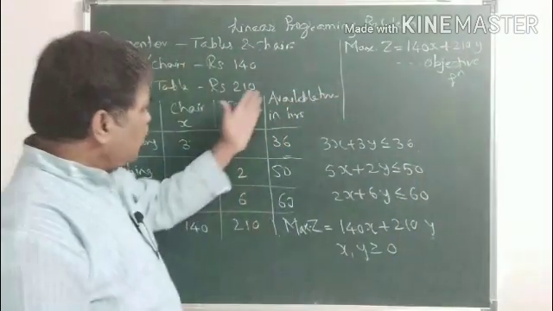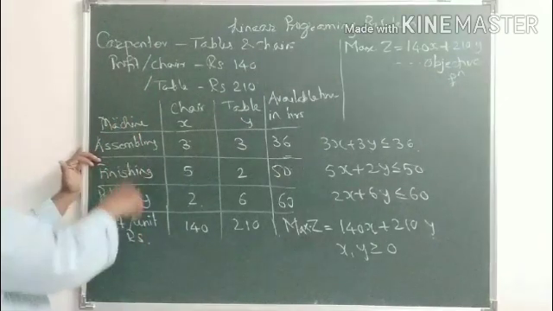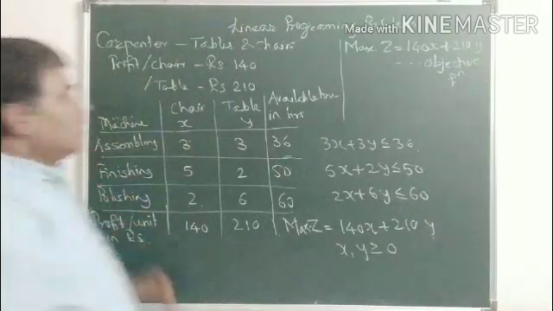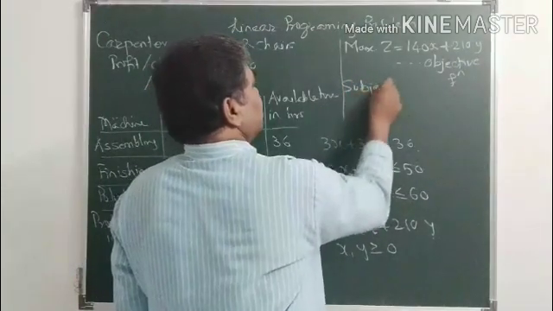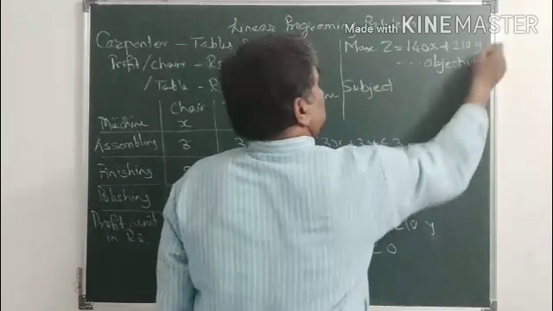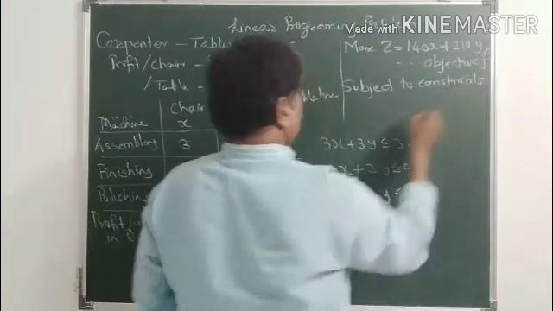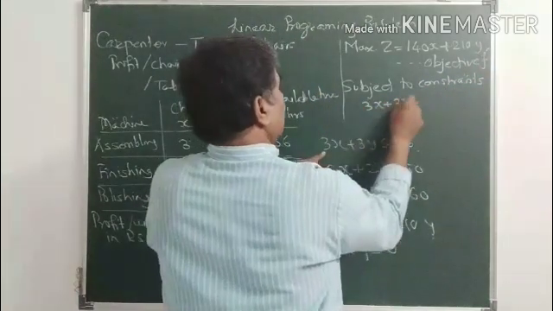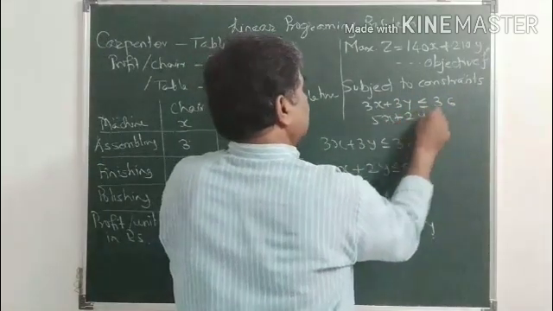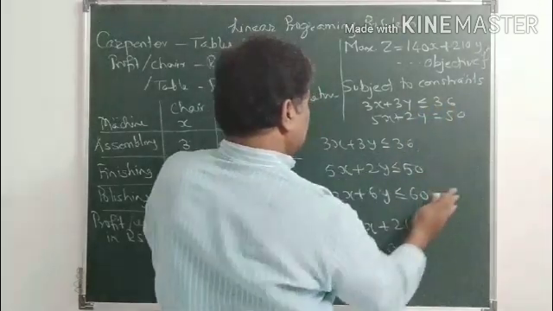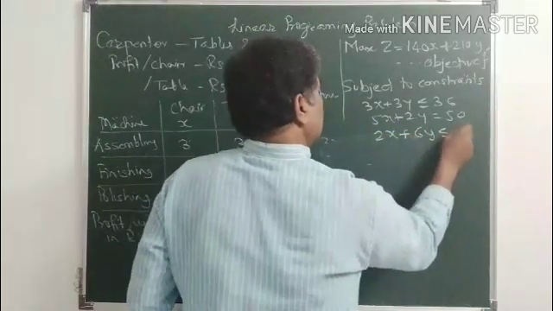And due to the constraint of available time for processing, assembling, finishing, polishing, we are getting these inequalities, subject to constraints: 3x plus 3y less than or equal to 36, 5x plus 2y less than or equal to 50, 2x plus 6y less than or equal to 60.